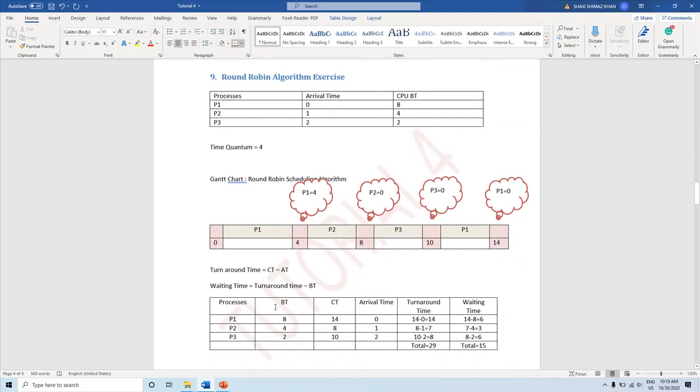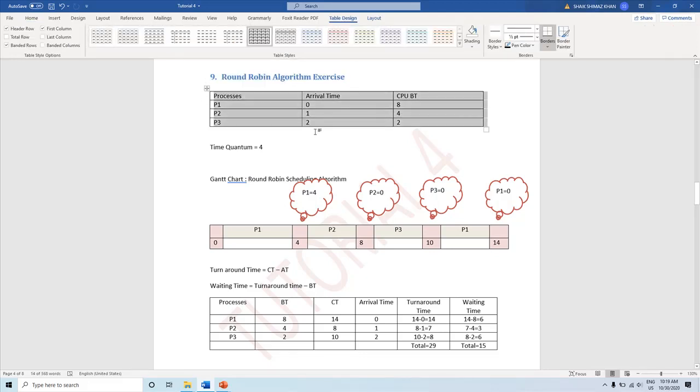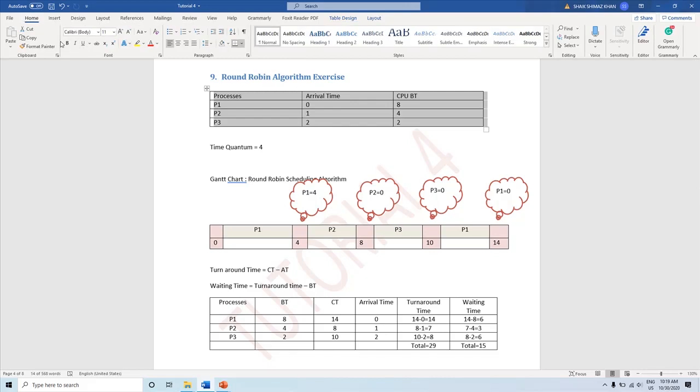Here there are 3 processes, P1, P2, P3. Arrival time is given, burst time is given, the time quantum is 4. So please understand, only for the round robin algorithm will the time quantum be used.